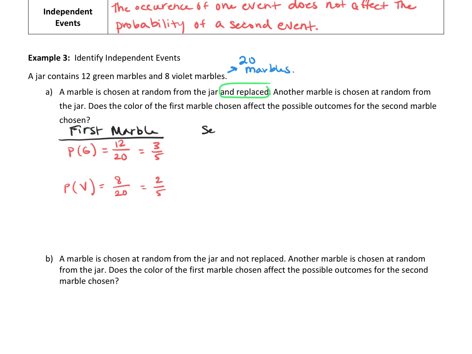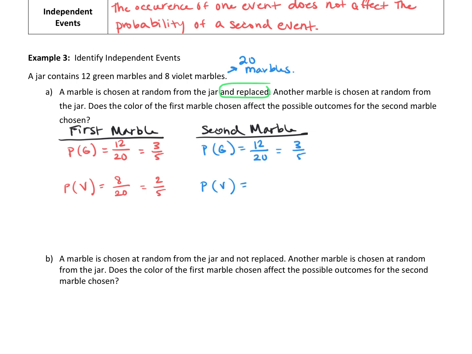So the second marble, let's see what our options would be there. So the probability of choosing a green marble. So whatever we chose the first time got put back. So there are still 12 green marbles in a jar, and there are still a total of 20. So there's still a 3/5 chance of choosing a green marble. The probability of choosing a violet marble, well, whatever color we picked here got replaced.